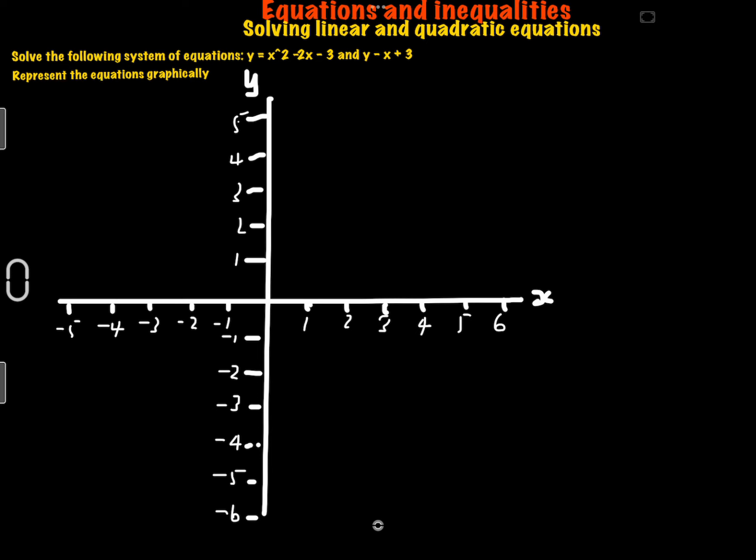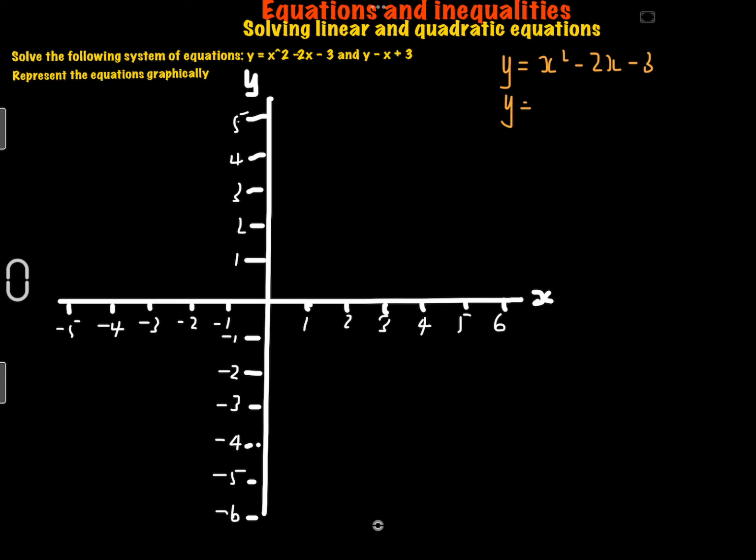Now, first of all, I'll start off by writing the quadratic equation: y = x² - 2x - 3. Now, what I want to do is to substitute 0 where x is, so that I can find the y-intercept.